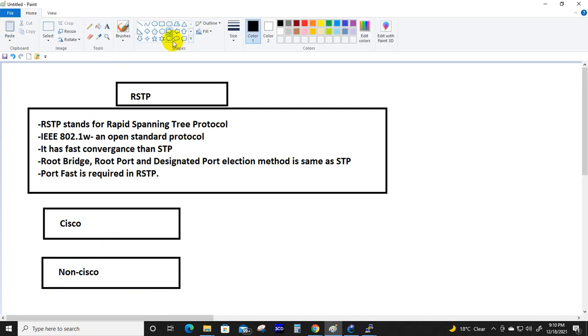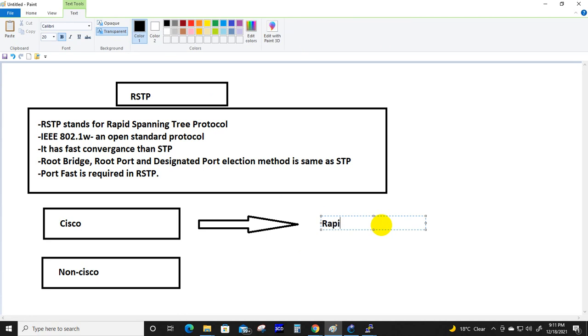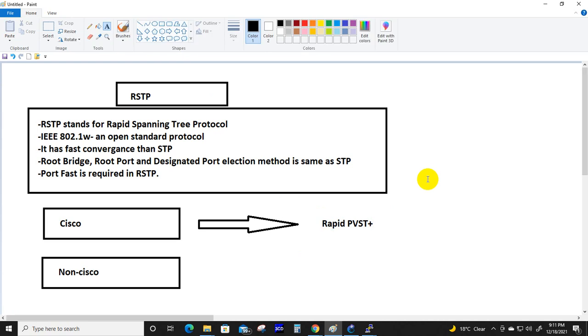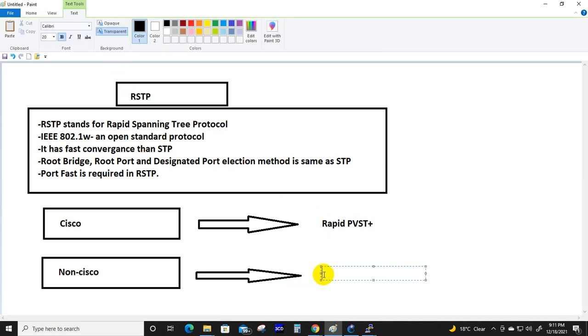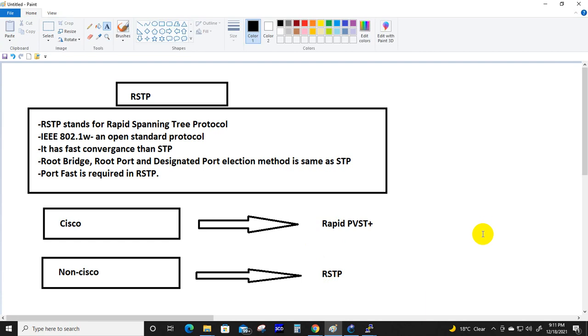In a Cisco device, we have Rapid PVST+, and in non-Cisco we have RSTP. Clear? Yes, sir.